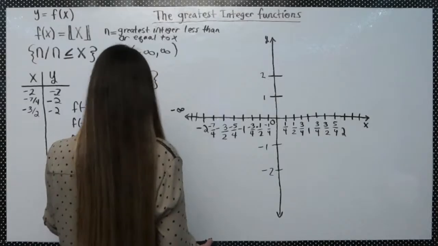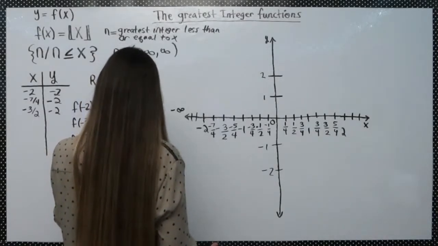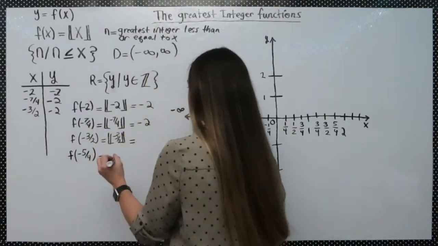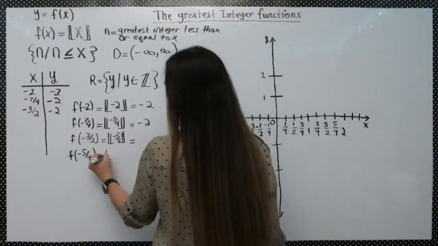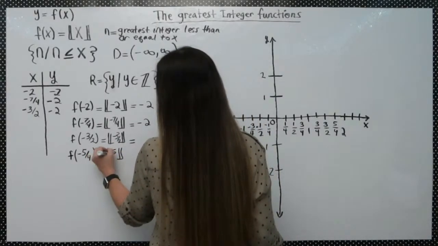So we have f of -5/4. And you can't see what I'm writing. I'm going to stretch my arm out a little bit. We're going to plug in -5/4 now.